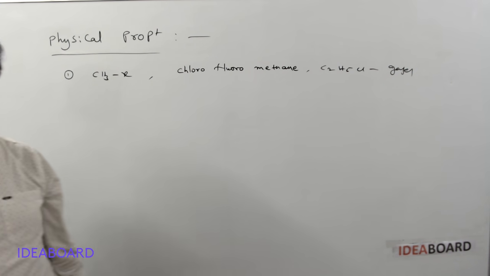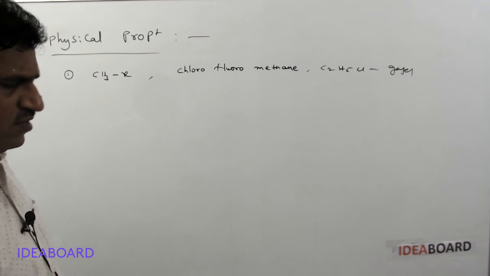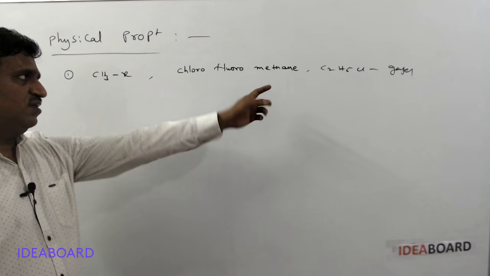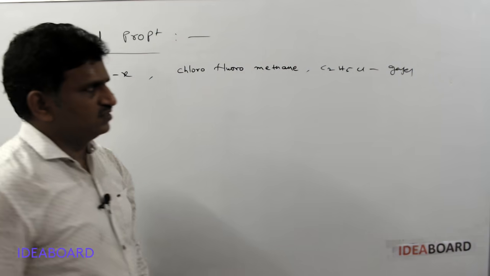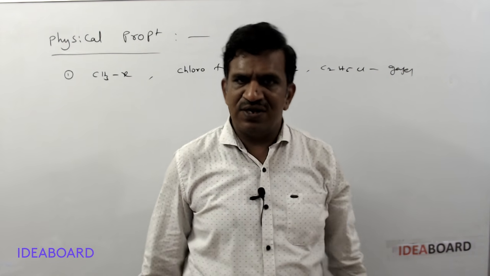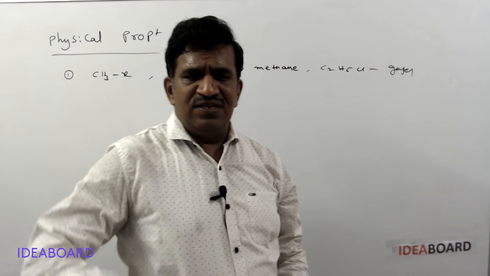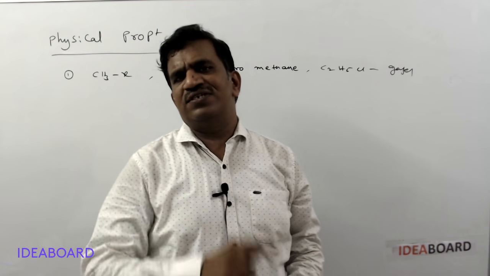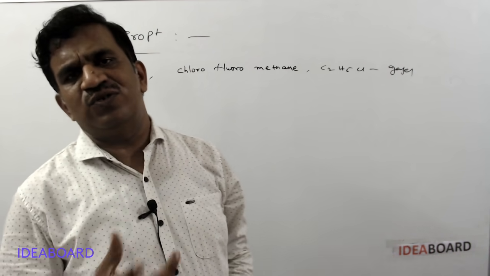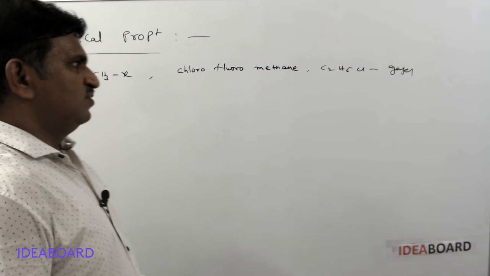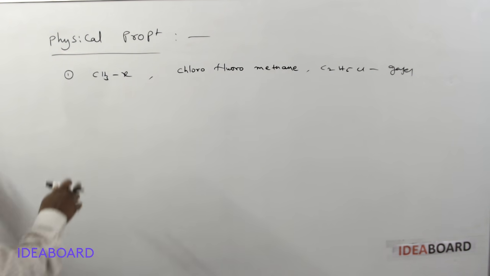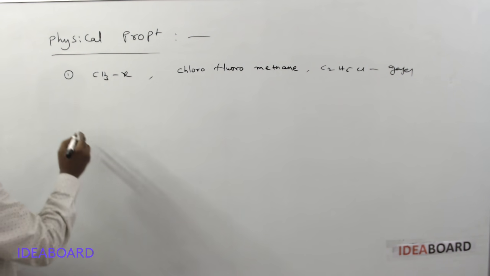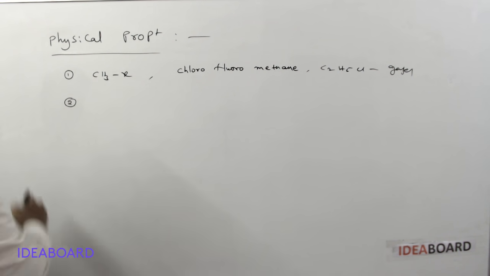So methyl halides means methyl fluoride, mainly methyl chloride, methyl bromide, and chlorofluoromethanes and ethyl chloride are gases, and higher alkyl halides are present in liquid state or solid state. So the lower alkyl halides are gases, the higher alkyl halides are liquids or solids.